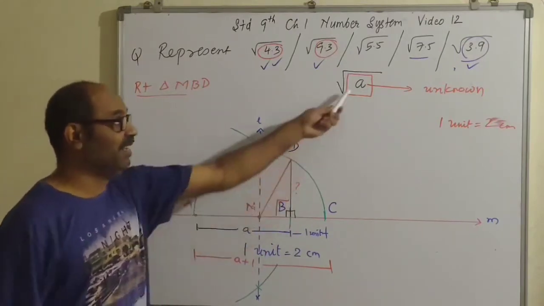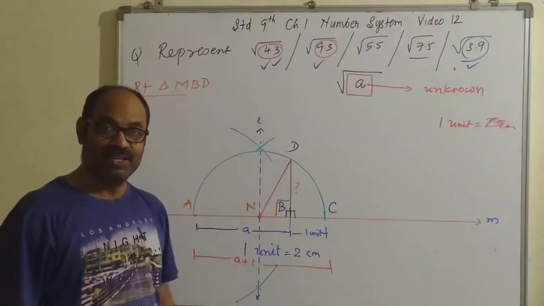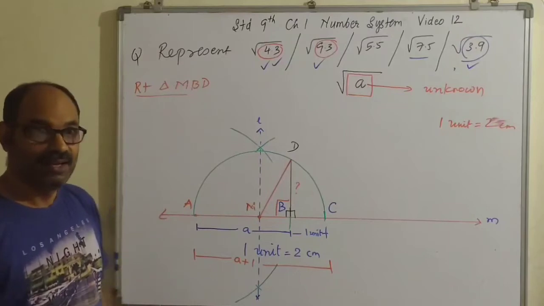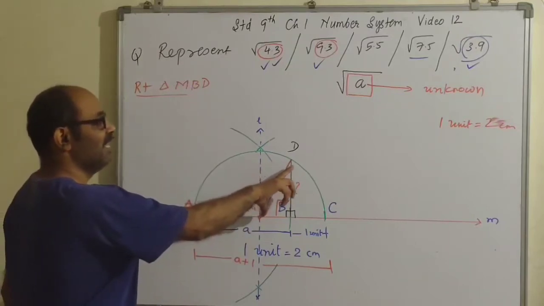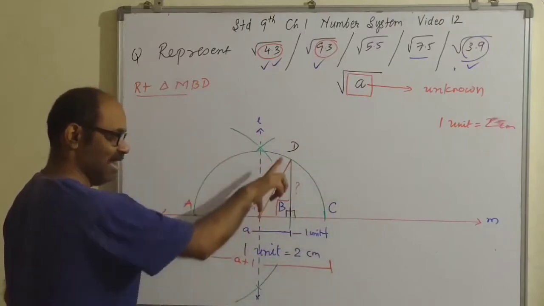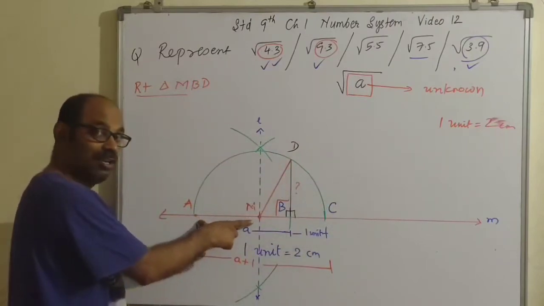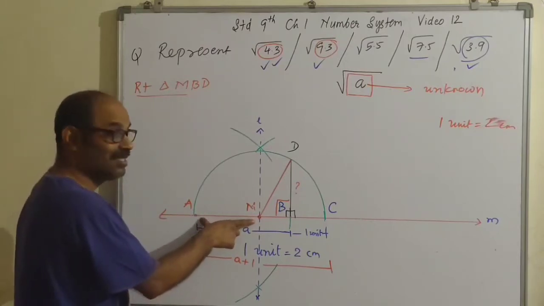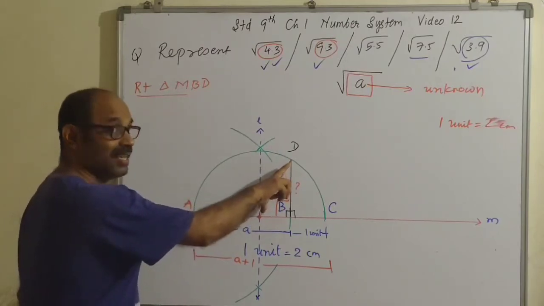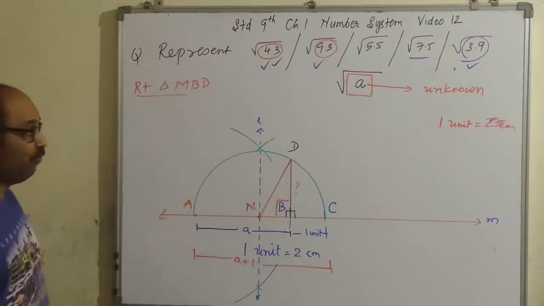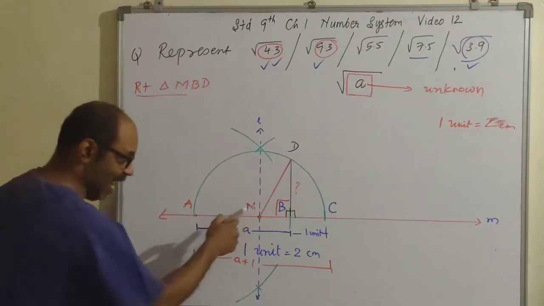I'm going to show that BD is square root of a units in length. So I should know what AM and MD are. Now look here. MD is a radius of that circle, the green circle. Can you see that? MD is a radius. AM is also a radius. So they are equal. But first I'll have to find out what AM is.